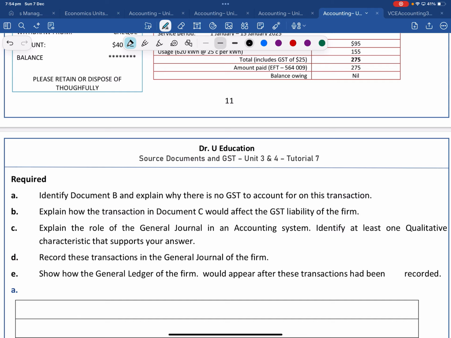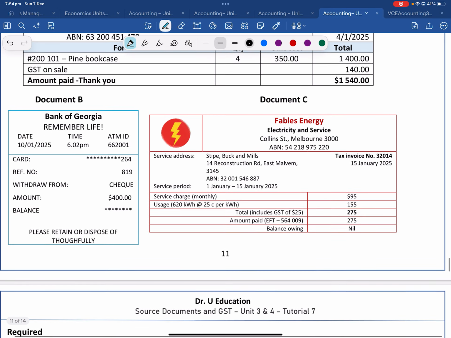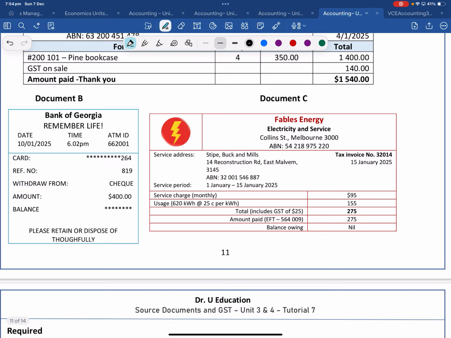Because that's the GST account. I mean, not the GST. Because you add them up to get the electricity, right?